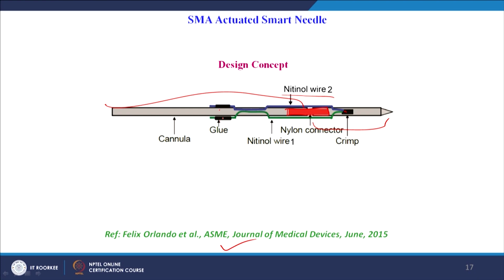Similarly, another SMA wire is attached on the opposite side, 180 degrees apart, in the needle body and the needle head. Once the green SMA wire is actuated, that is, current is passed through it, it contracts and bends the needle downward. Once the blue wire is heated and contracts, the needle tip moves to the upper side, and the cannula, being a flexible body, follows the needle tip. That is the design concept.